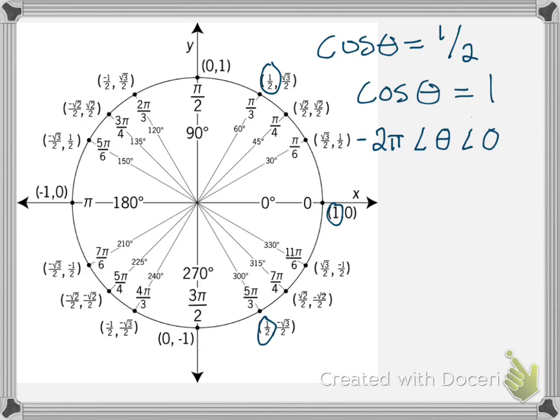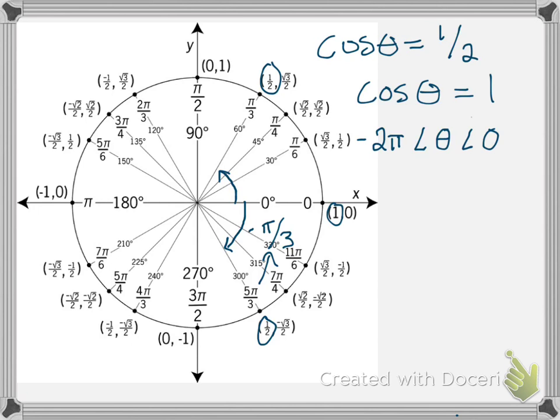So remember, I'm going in this direction because we're on negative 2π. If I want to go that far in that direction, that's the same as going π/3 in that direction, and this is where my negative π/3 is. So instead of being 5π/3, we're going in the negative direction.